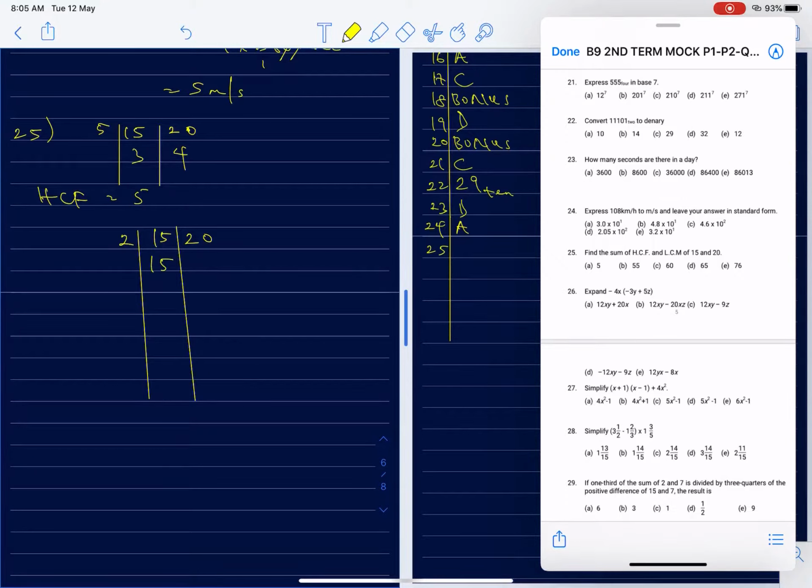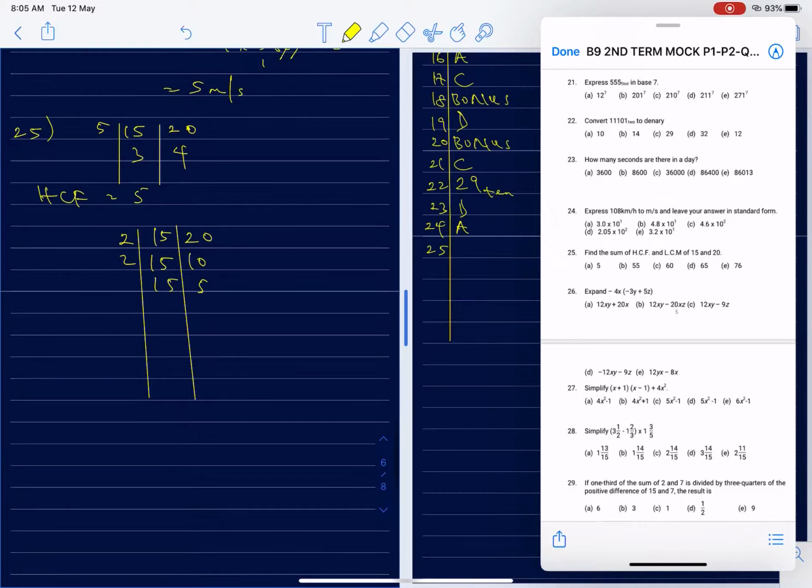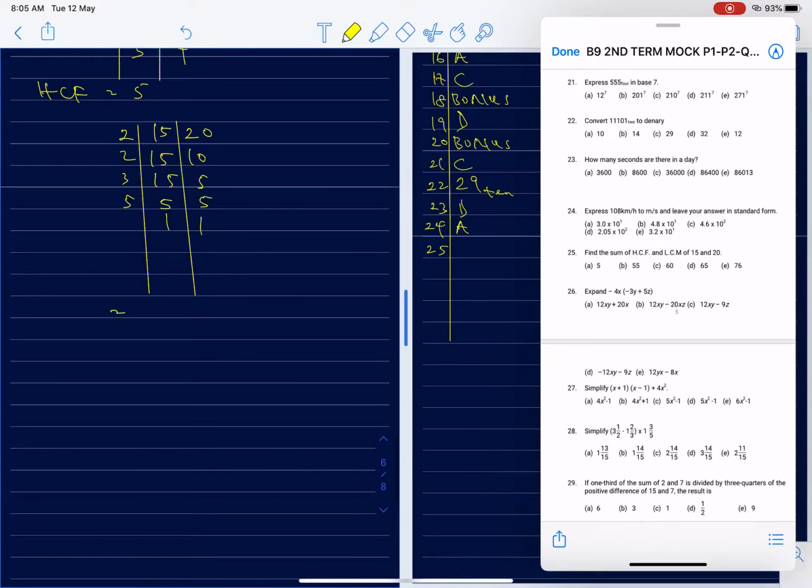It won't divide 15 without a remainder, so we rewrite the 15. 20 gives 10, 2, 15, 5. Now 3 goes into 15, 5 remains 5, and now we come to 5, 1 more. So LCM is 2 times 3 times 5, and that's 60.